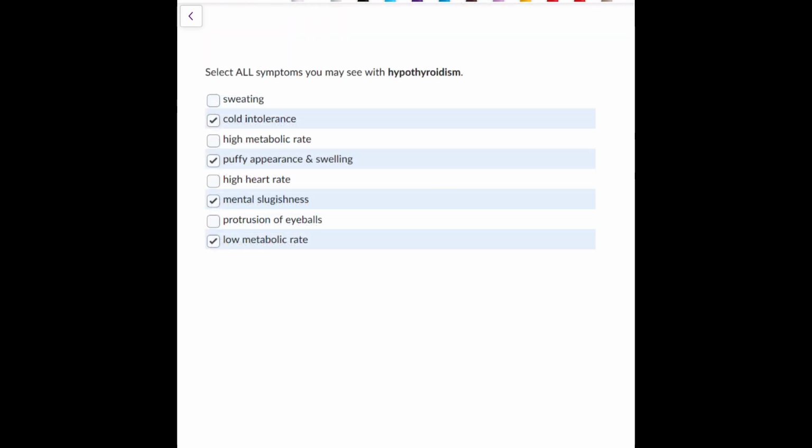The last question is select all the symptoms you would see with hypothyroidism, so low. We know that from the thyroid hormones we get increased basal metabolic rate. We're going to be increasing oxygen usage, burning sugars, making ATP, and that calorigenic effect. So in hypothyroidism you're going to see cold intolerance, mental sluggishness, and a low metabolic rate.